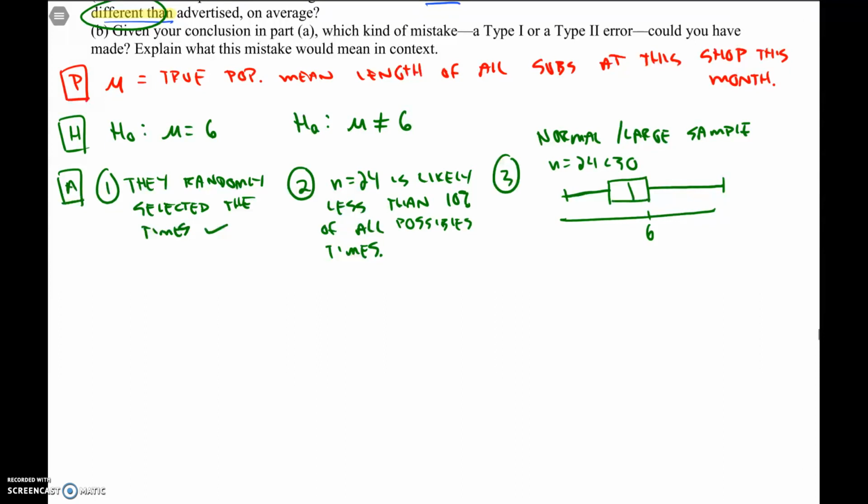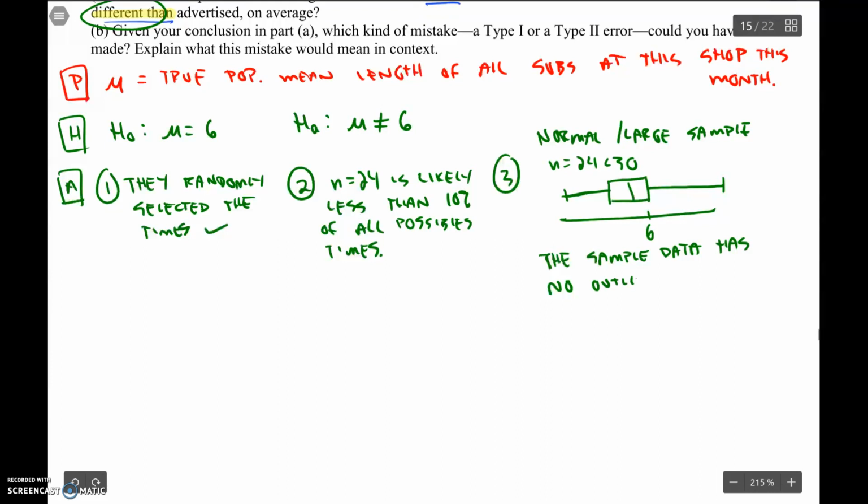Then you need to make a comment on it. The sample data has, I'm just going to say, no outliers. Usually I comment on both. Usually I say it is approximately symmetric with no outliers. But I can just say no outliers. That's good enough.